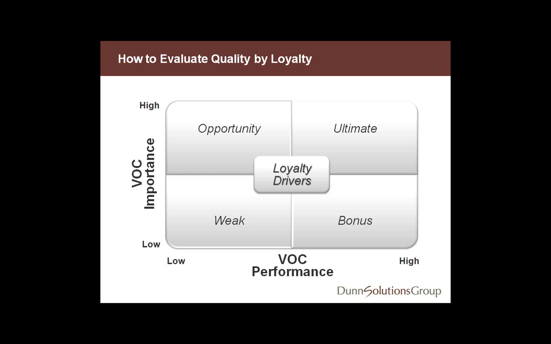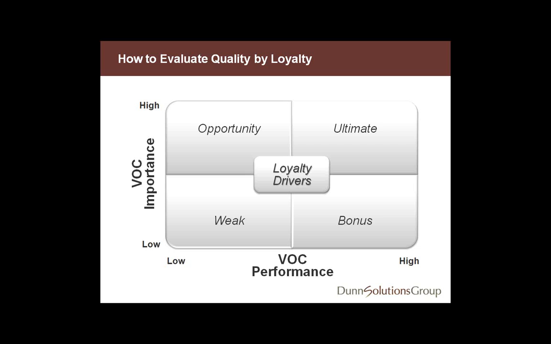The items in the upper right quadrant are superior and should be closely monitored. The items that are in the lower right quadrant are called bonus items because they are performing well, even though they are least important.